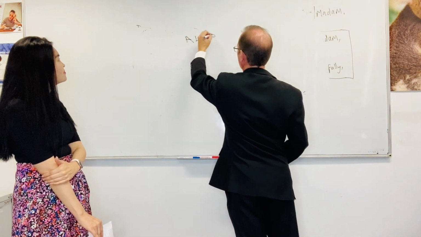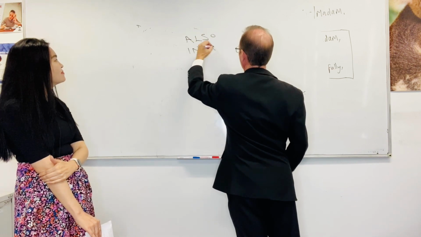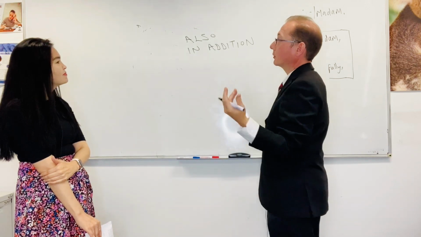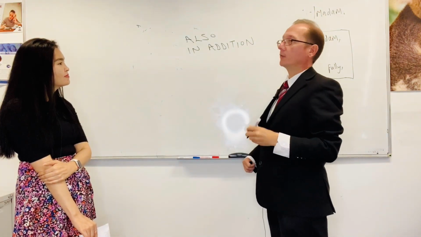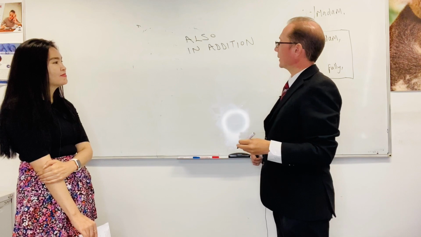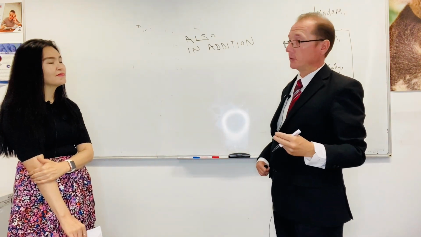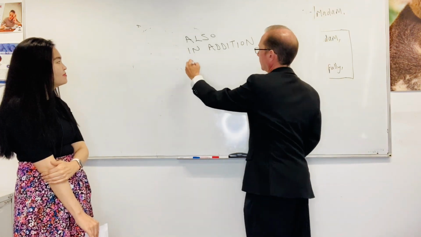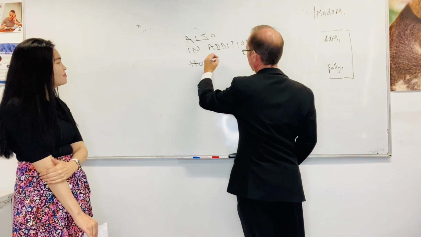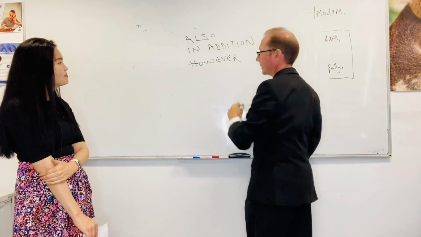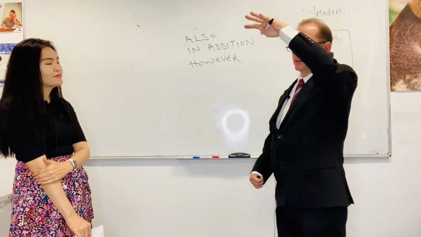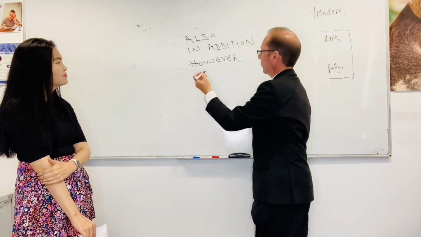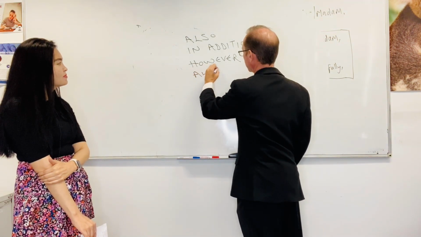So words like also, something like in addition. School uniforms look very smart. Also, they can be cheaper than buying other clothes, something like that. Other linking words, however. Especially when you're going from agree to disagree, often you can start by using however. Although, for example.